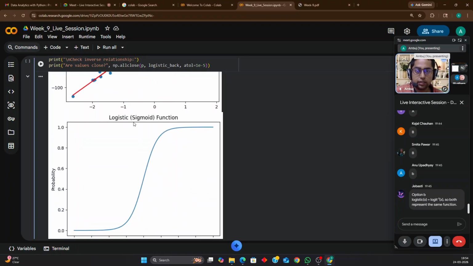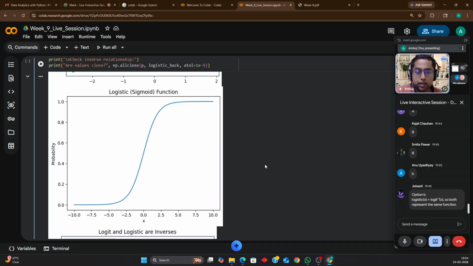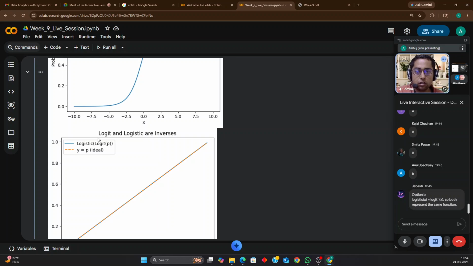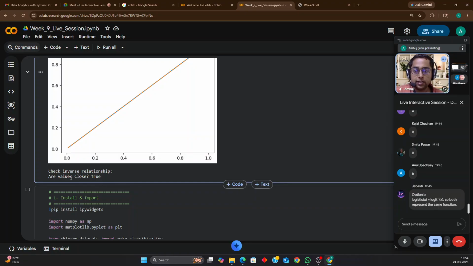And the logistic regression fitted plot, probability versus X, I have got like this. Logit and logistic are inverses. So when I plotted the function, I got a straight line, a 45-degree line. Check inverse values: are the values close?